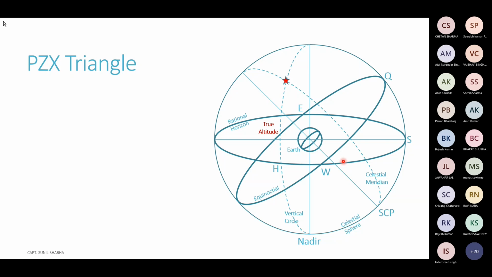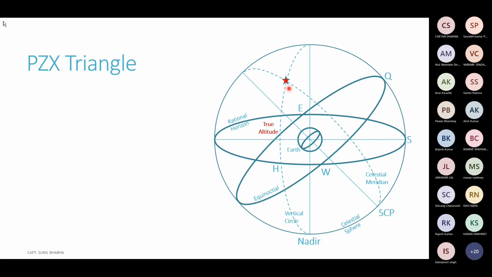Coming to the horizon system now. This is the rational horizon. You can see the nadir, as well as this topmost point on the diagram, which is the zenith. Semi-great circles between the zenith and the nadir are known as vertical circles. So you see this particular vertical circle here.